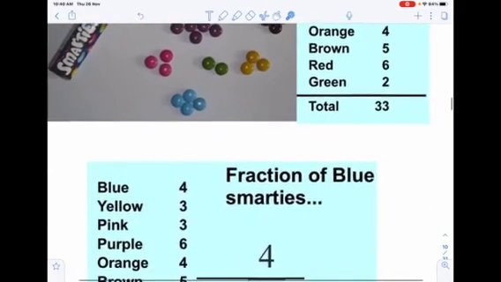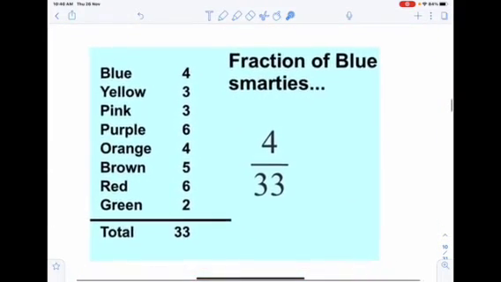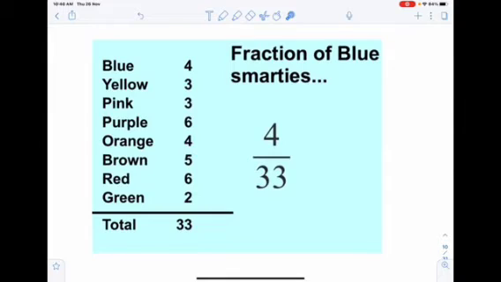Now, if I have to represent the blue Smarties in fractional form, what would be the representation? See, blue is available in 4 number, that is 4 out of the total Smarties that we have, which is 33. So I represent the fractional form of blue Smarties as 4 divided by 33.